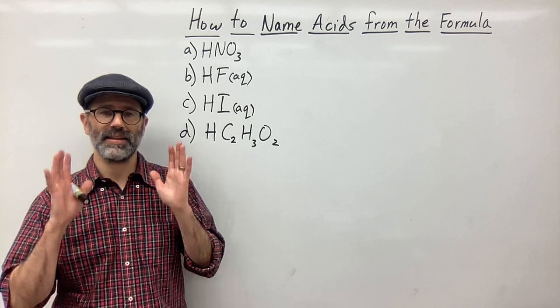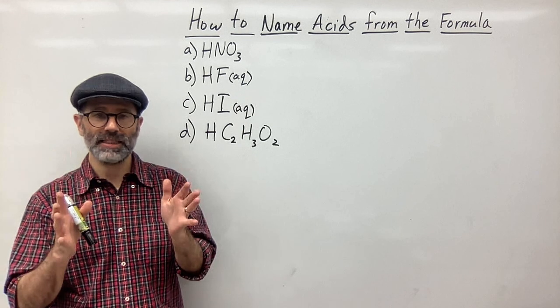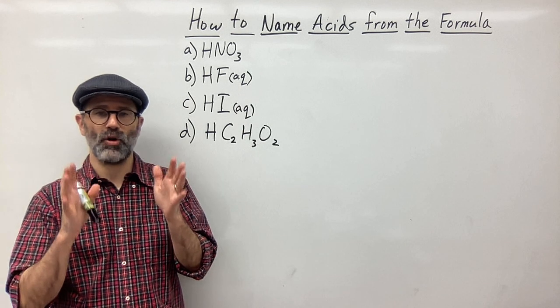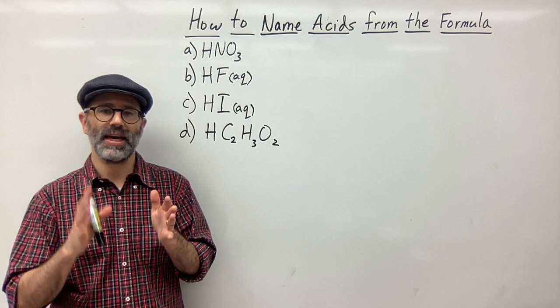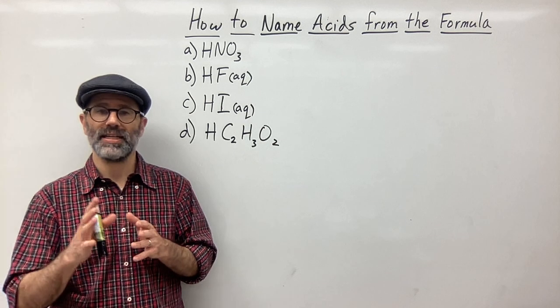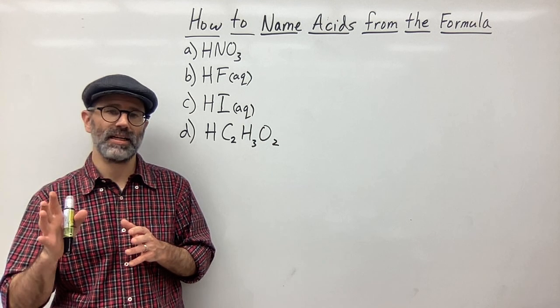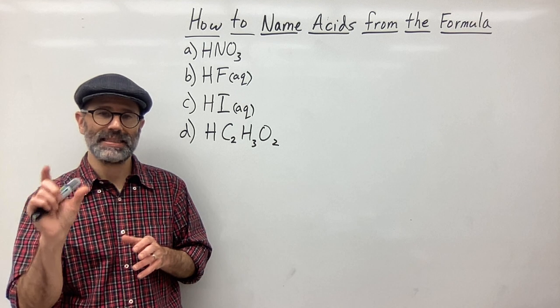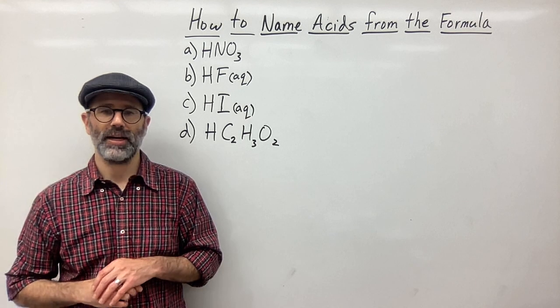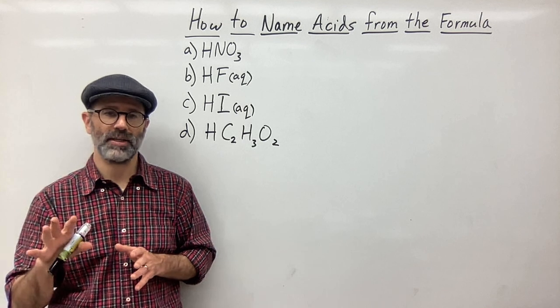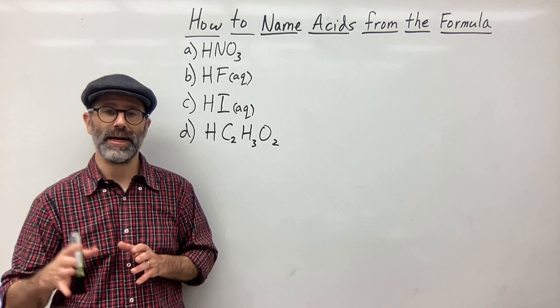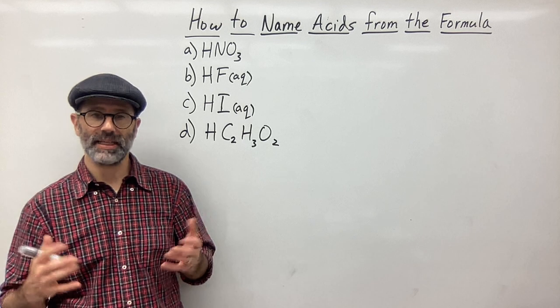You're just going to take the name of the polyatomic ion that is part of your acid formula, and you drop the ending. If it ends in an ATE ending, then you add IC, ic. If it ends in an ITE ending, then you drop the ending and add OUS, us. So let's get into this.